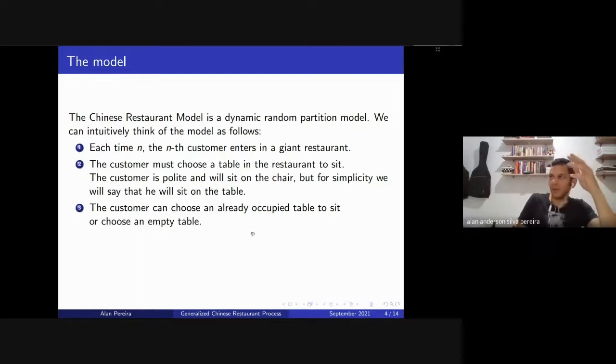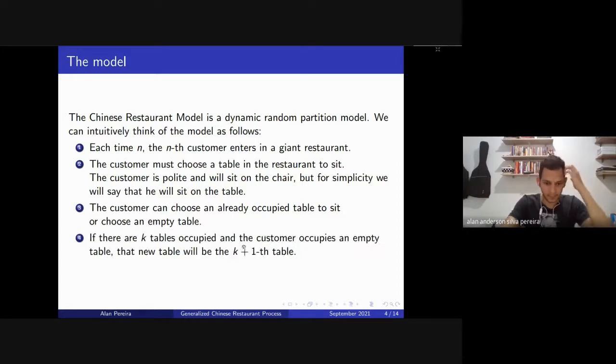The table has no previous label, but we label it always when it's occupied for the first time. If we have K tables occupied and the customer takes a new table, we label it with the number K plus 1.